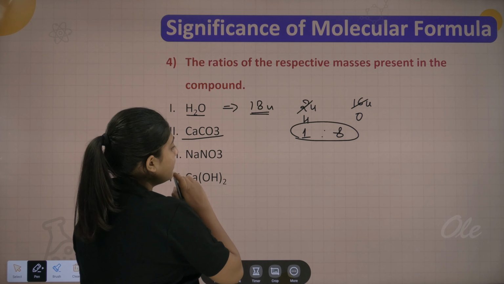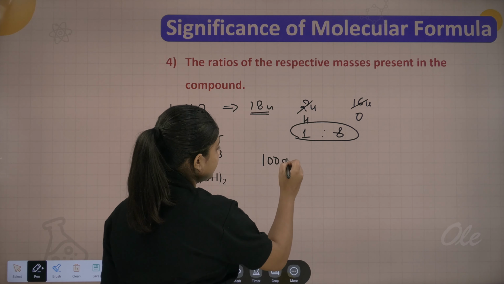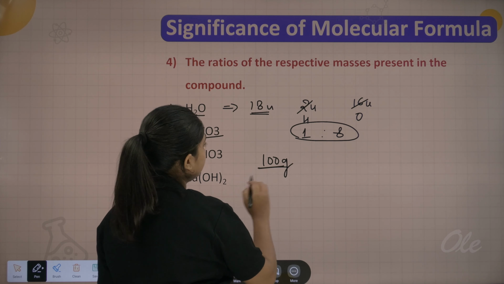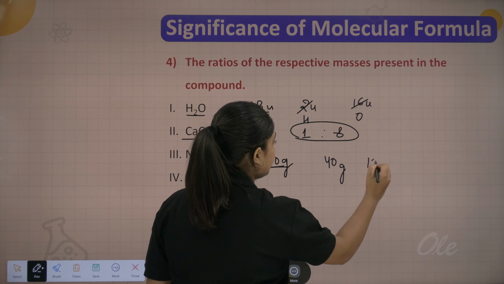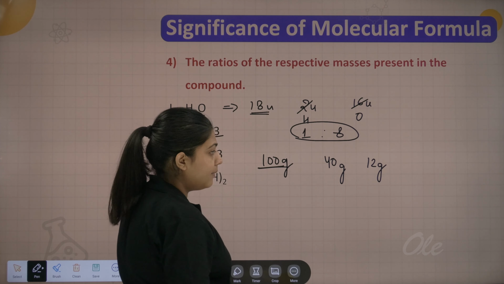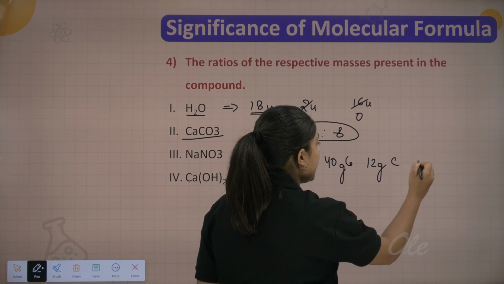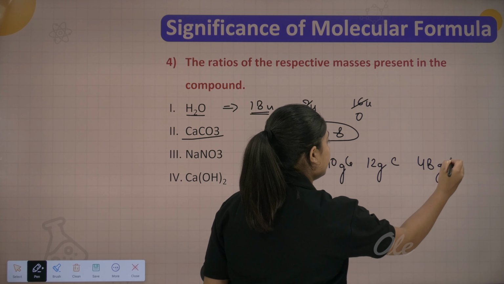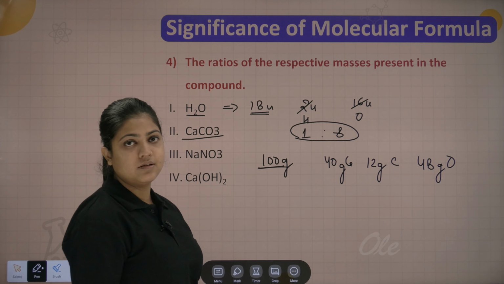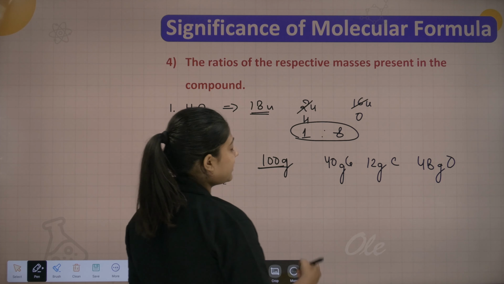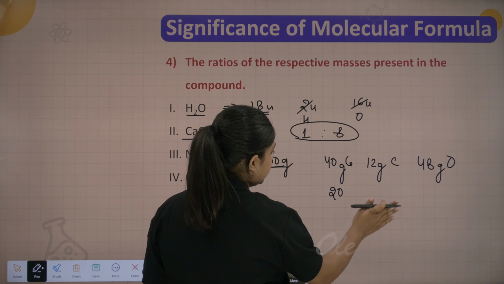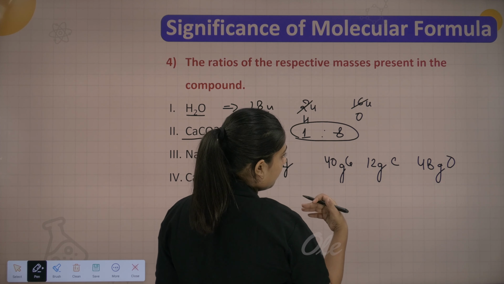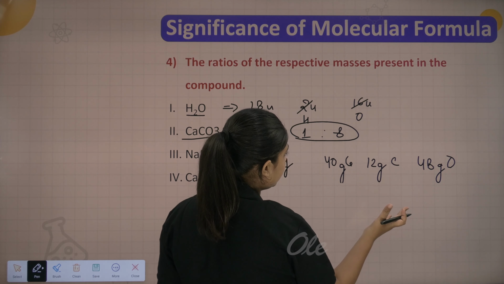Similarly, calcium carbonate, in 100 grams or 100 U of calcium carbonate, there is 40 grams of calcium, 12 grams of carbon and 48 grams of oxygen, isn't it? Right. So, if you simplify this, let us simplify this by 4 here.